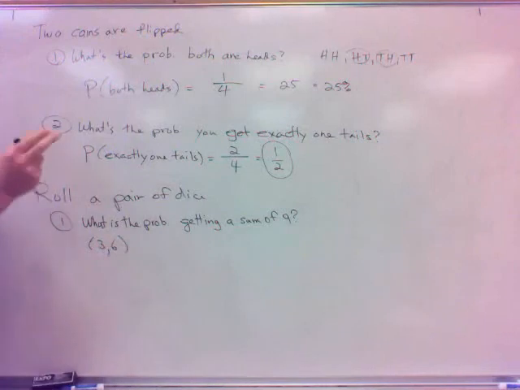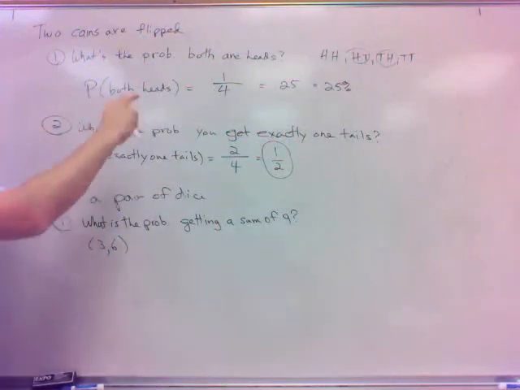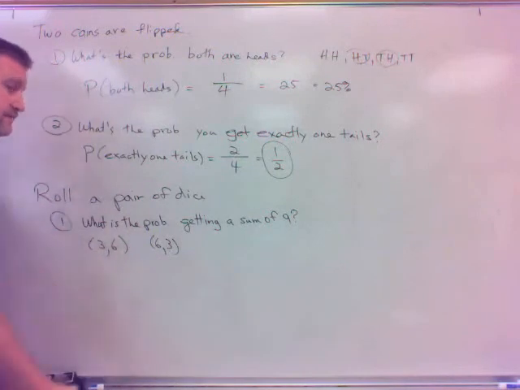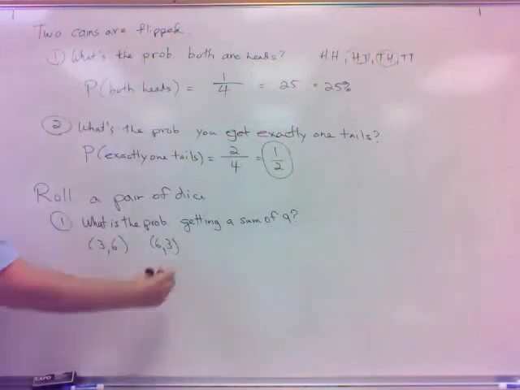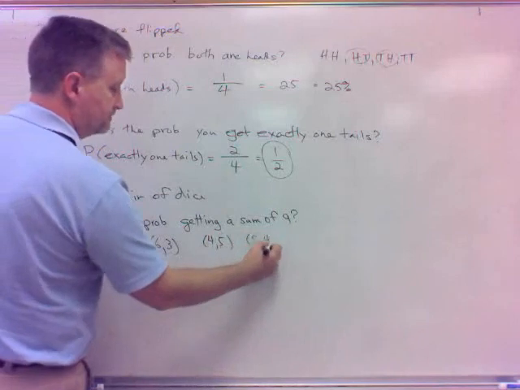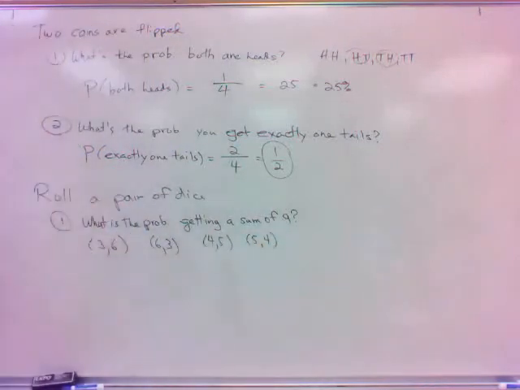And then reverse that, just like the heads and tails. That would be another one, 6 and 3. And then 4 and 5, along with 5 and 4. So don't forget to reverse them. And I think that's about it, because 2 and 7 would not be a possibility since you can only go up to 6. And 1 and 8, same thing. Okay, so there's 4 of them.